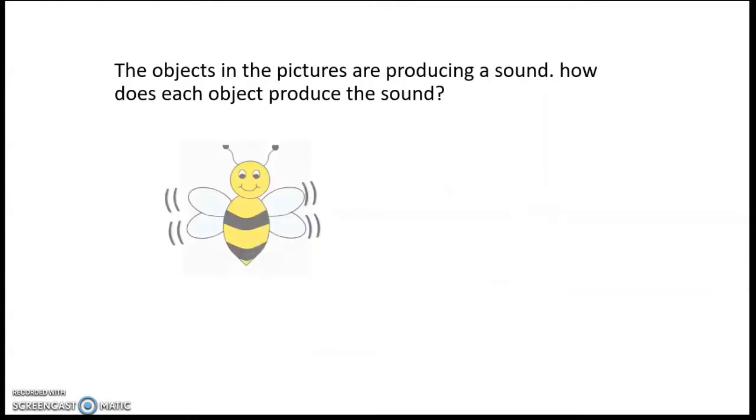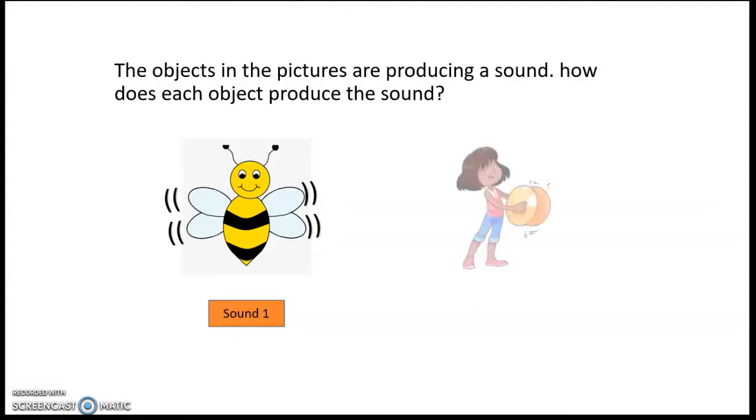And also this one. How does each object produce the sound? As you can see, the first picture is a bee. That is sound 1. And then the second picture is a girl holding cymbals, sound 2. As you observe again, the first picture is a bee shaking its wings.